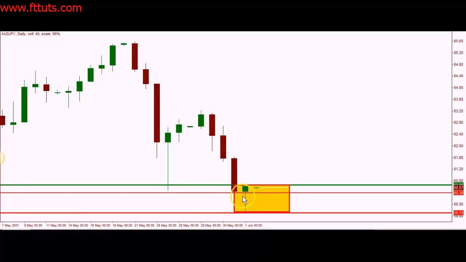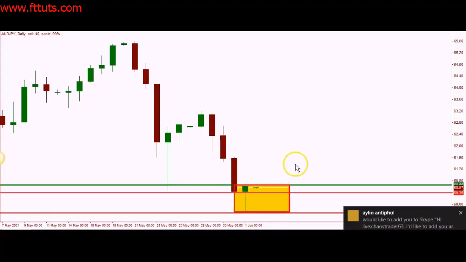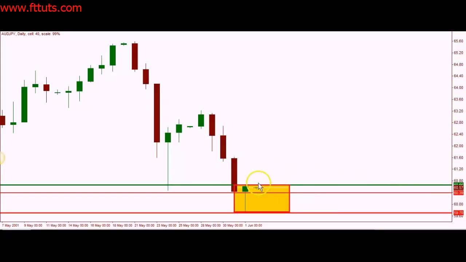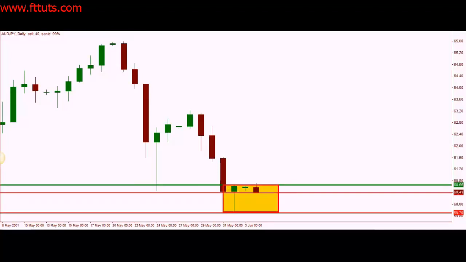So as soon as this candle closed as is, I put a pending order for a trade to the upside here. Right at this level, let's see what the market does. So I would have been triggered in right here. My trade is triggered. My stop loss is way down here.